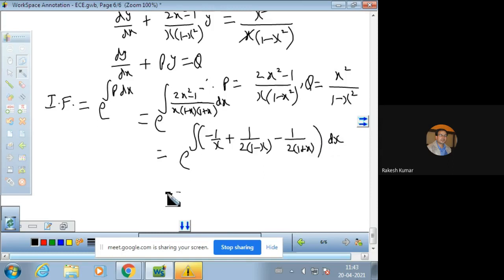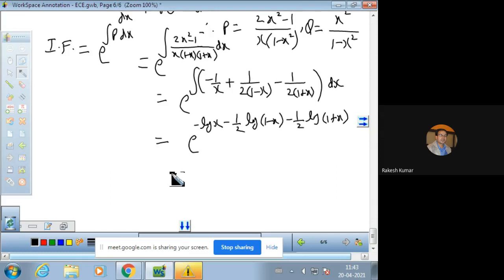So you need to use partial fraction. So after integrating this term, e raised to power minus log of x minus 1 by 2 log of 1 minus x minus 1 by 2 log of 1 plus x will be used here.